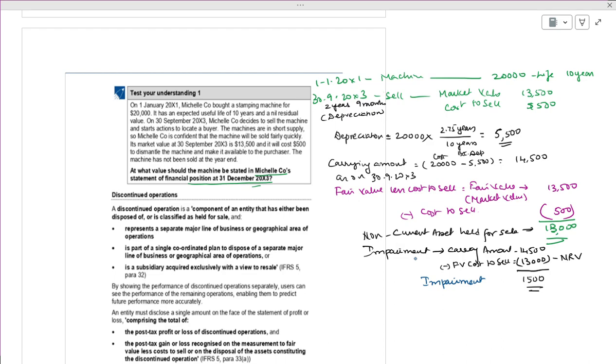Is it okay? Yes. Now, at what value should the machine be stated in the statement of financial position?